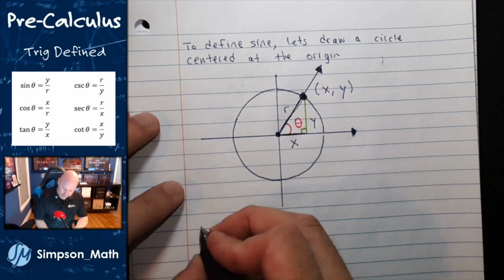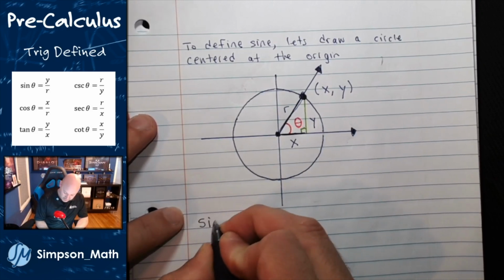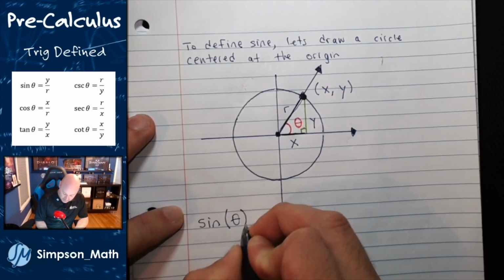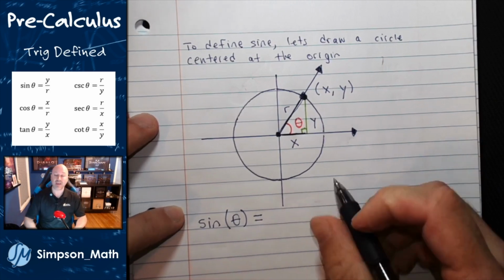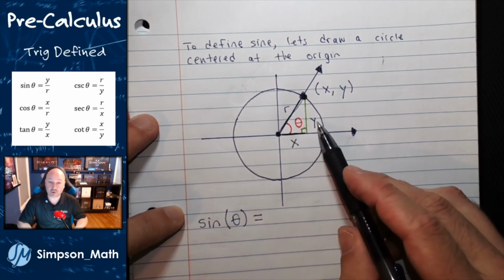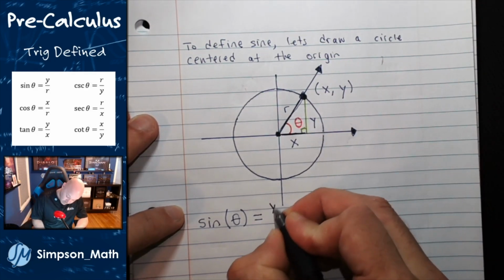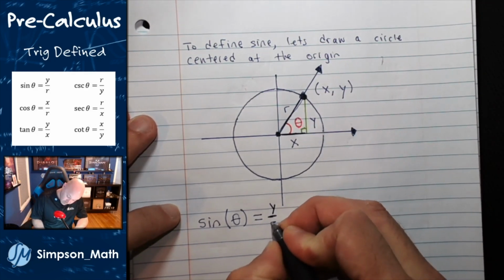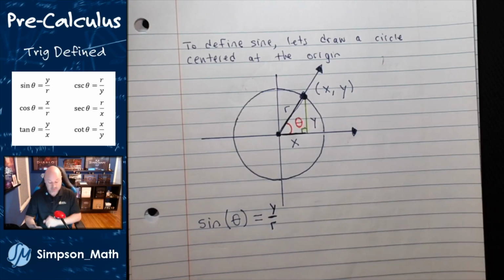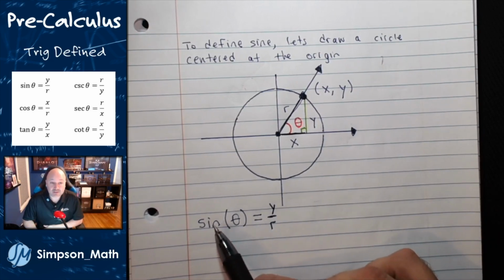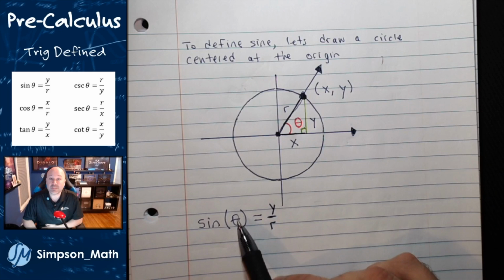All right, here we go. Sine of theta is defined as the ratio y over r. Definition. Sine, the trig function. We're going to input some interior angle.